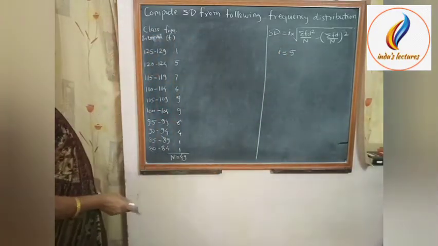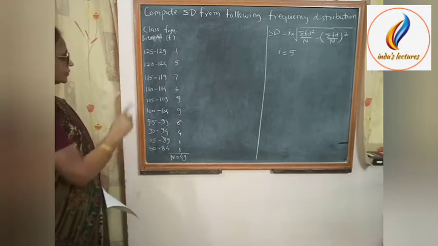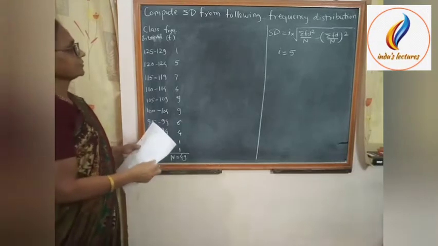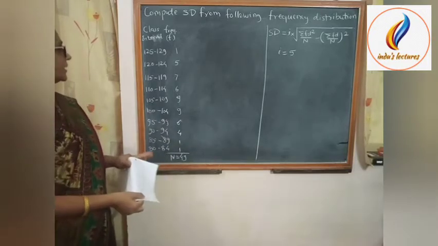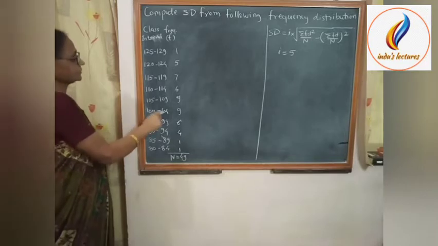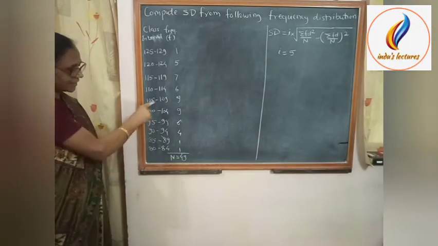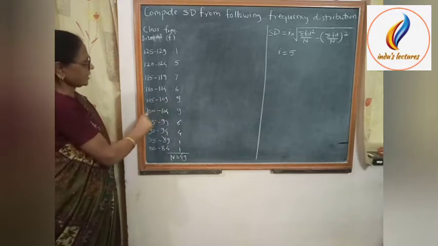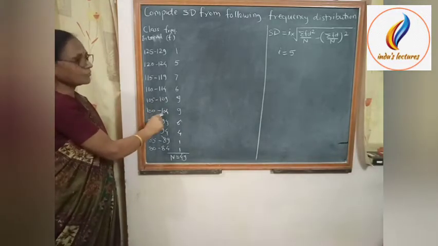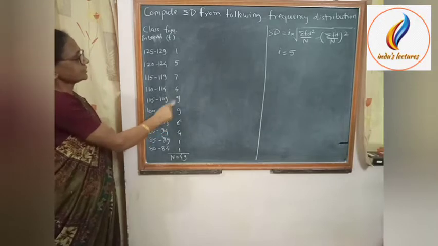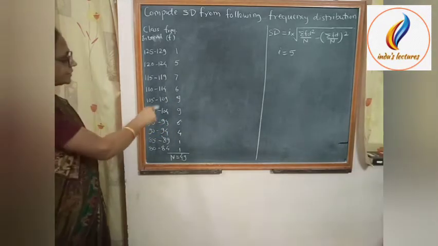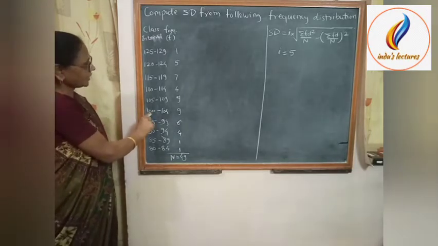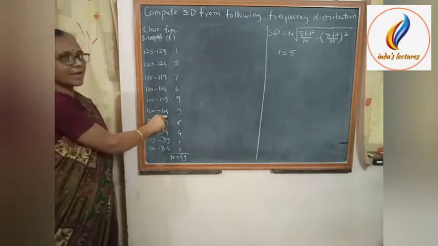Now take a score or point where the assumed mean lies. If we consider the highest frequency, then there are two class intervals: one is 105 to 109 and the second is 100 to 104, which have the same frequency 9, and 9 is the highest frequency. So we consider the midpoint of 100 to 104 as the assumed mean.